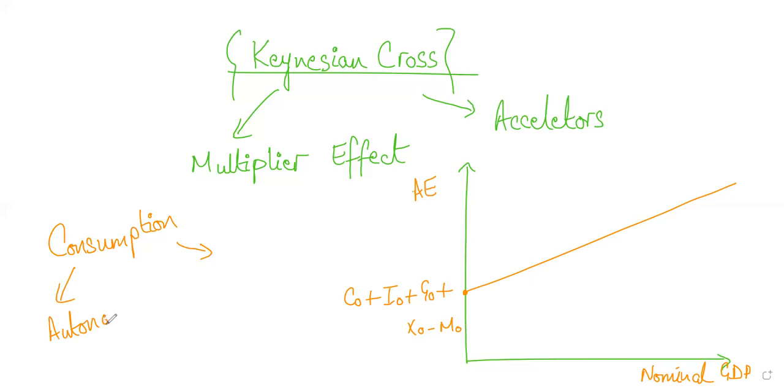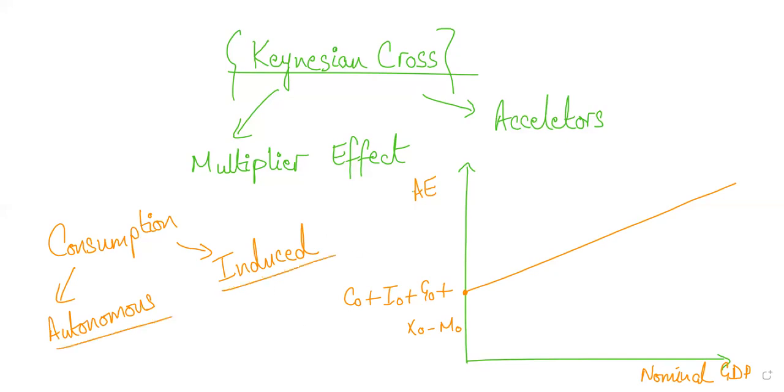Autonomous doesn't depend on the national income of the country, and induced is the one that does depend on the GDP of a country, the national output. This is the main distinction between the two.